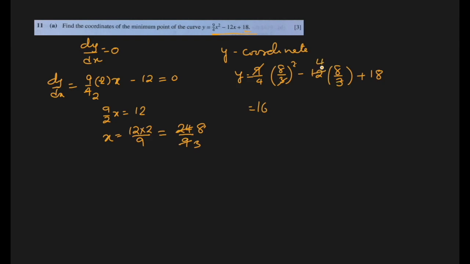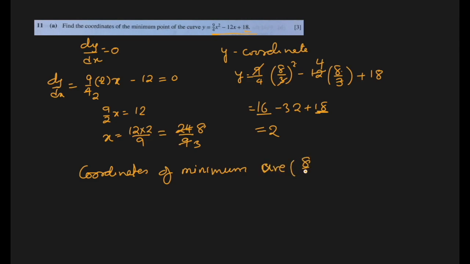This cancels here. 8 times 4 is 32 plus 18. So 18 plus 16 is 34, minus 32 is 2. So the coordinates of the minimum point, because this is the only one point we got. We got only one solution, right? So there is no need to test whether it's minimum or maximum. They're confirming it. It is 8 over 3, 2. All right.